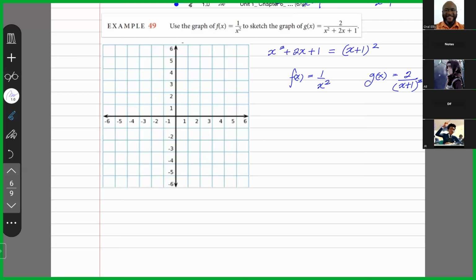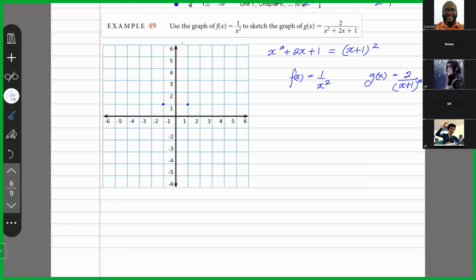Now, the graph of y is f of x is equal to 1 over x squared. When x is 1, f of x is 1. So this would be a point, let us say here. When x is minus 1, f of x will still be 1. So I have a point over there as well. When x is 2, f of x would be a quarter.